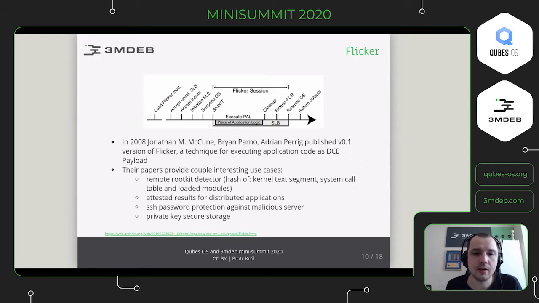Or there were also other use cases like SSH password protection against a malicious server, which is a more complicated case described in the paper, as well as private key secure storage.